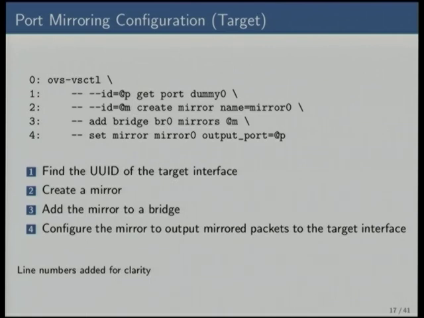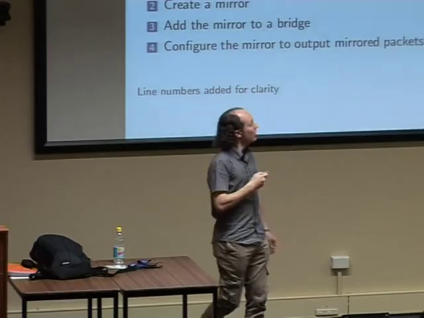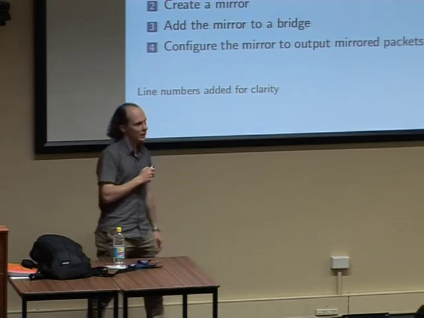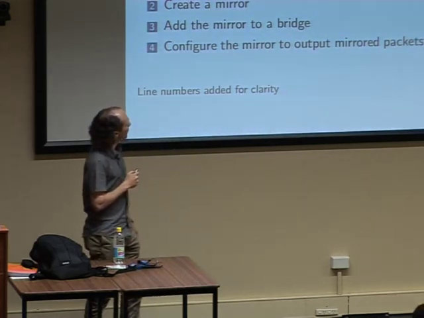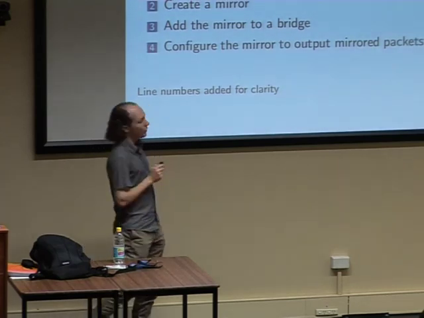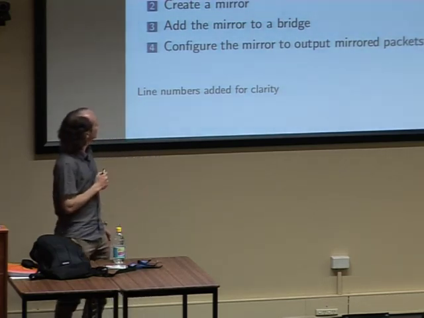And there's another one, M. These are variables. So this get port command fetches the ID, the internal identifier of that port, and stuffs it in this variable called P, which we can then use down here. So the output of this is used as the input to this, and the output of this is used as the input of this. Okay, so now hopefully we can read the syntax.